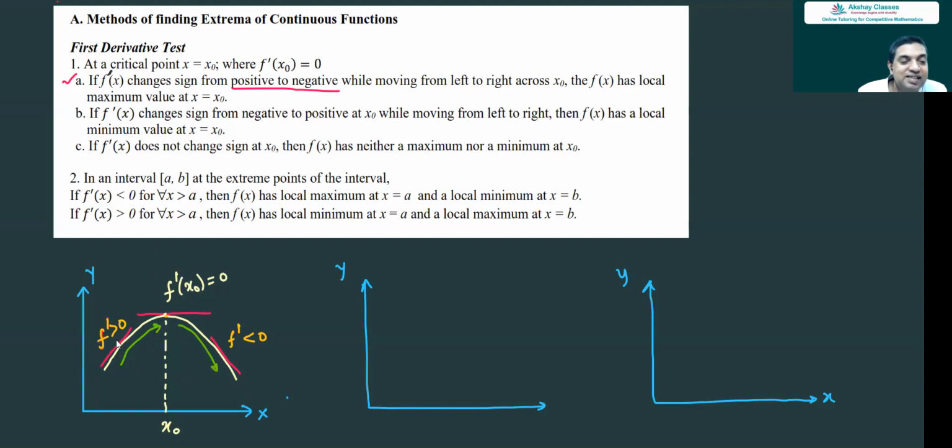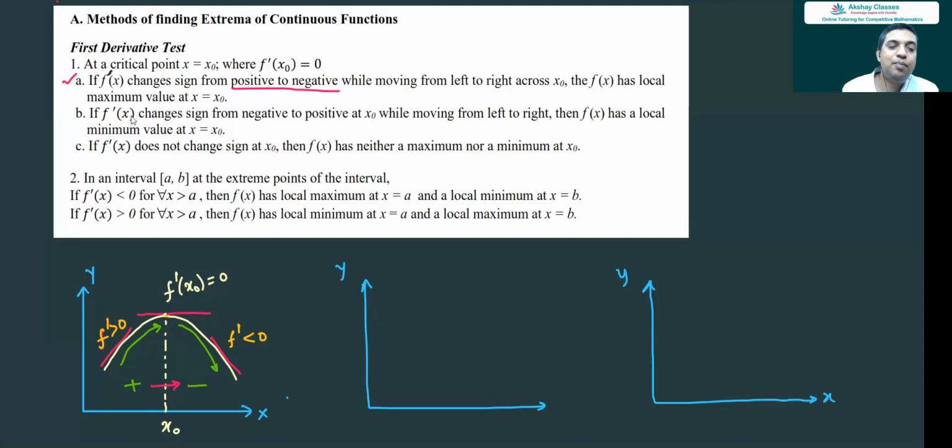So f dash x is changing from positive to negative. When we move from left to right across x naught, f dash x changes from positive to negative, and f dash x naught is 0.